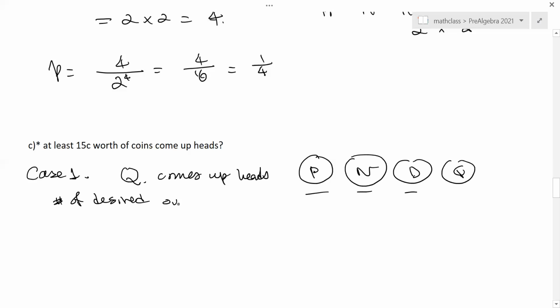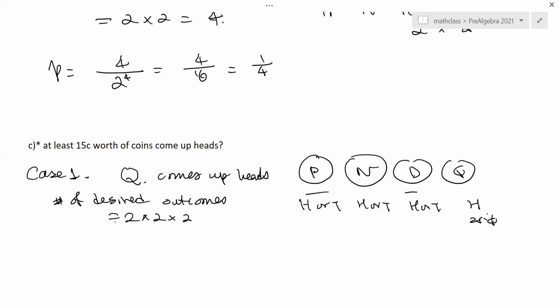Okay, so in this case, the number of favorable outcomes is going to be 2 times 2 times 2, because either H or T, H or T, H or T, and here's H. That's why you have 25 cents you get. So it doesn't matter whether you get H or T, H or T, H or T, right?